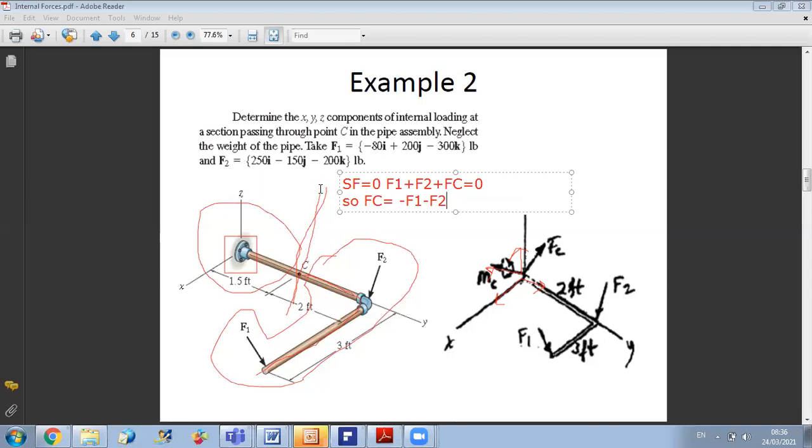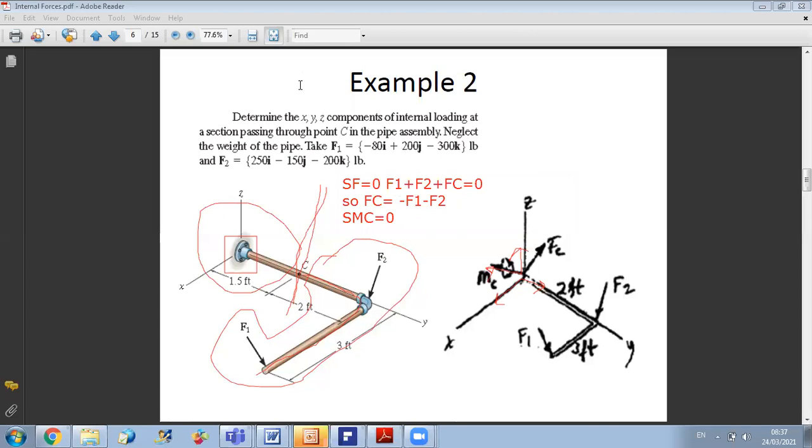Now, to get the moment MC, I will do sum of moments about any point, and I will select here point C. If I do sum of moments about C equals 0, I should take into consideration the couple.